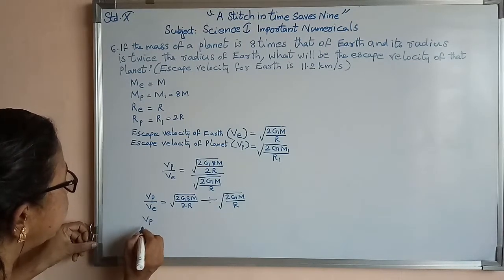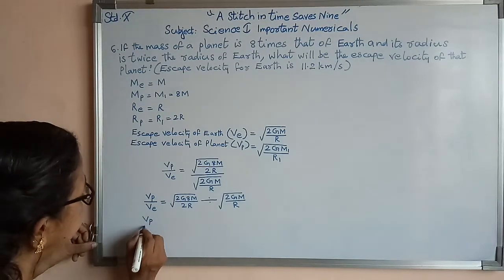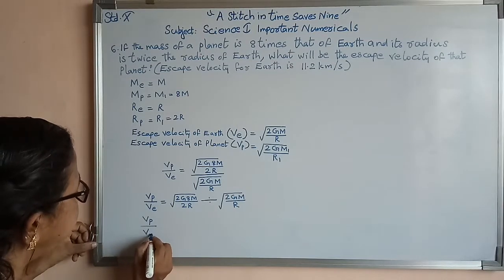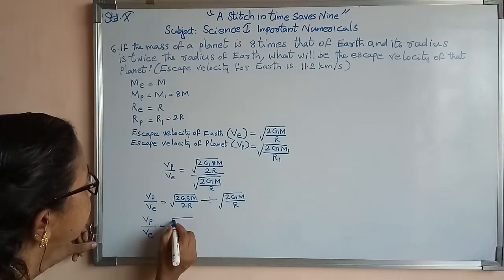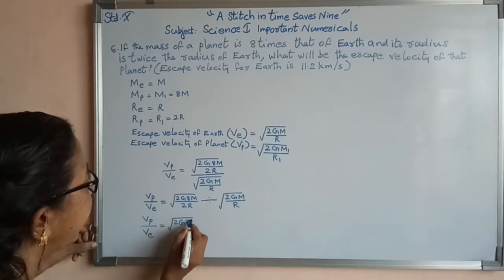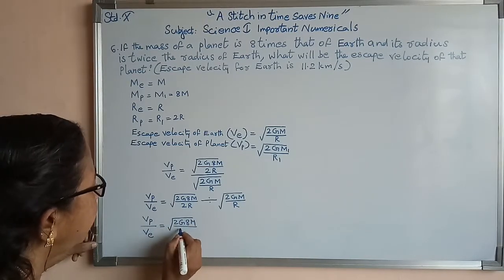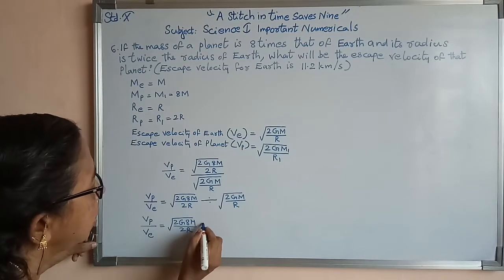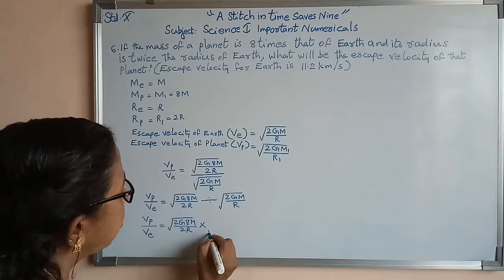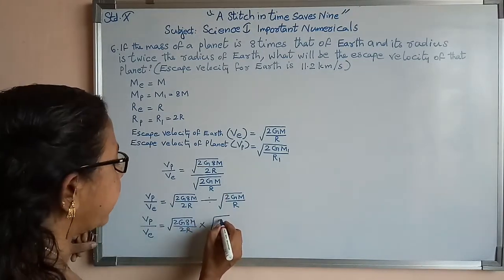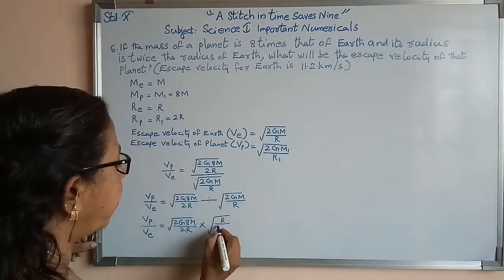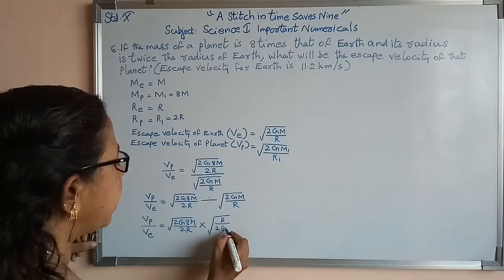So Vp upon Ve is equal to square root of 2G8M upon 2R into square root of, then it's a reciprocal, R upon 2GM.